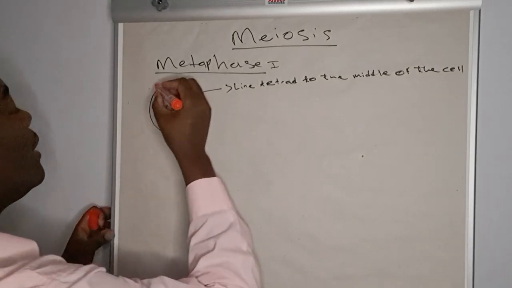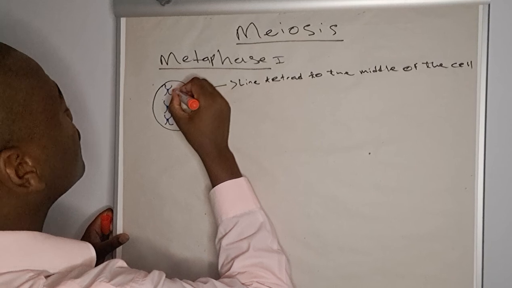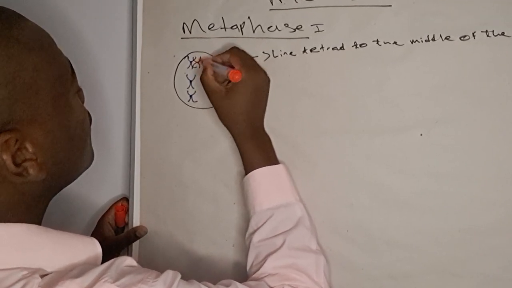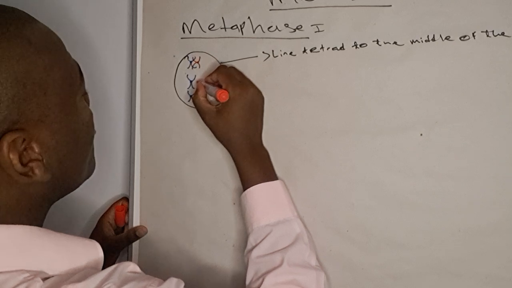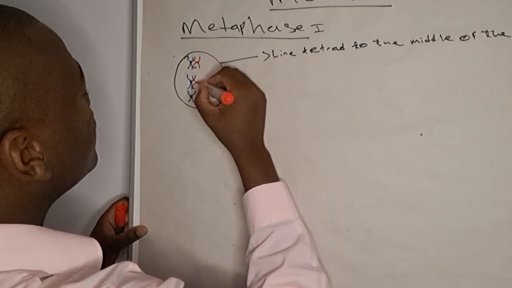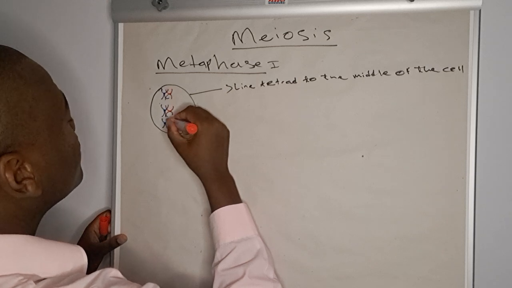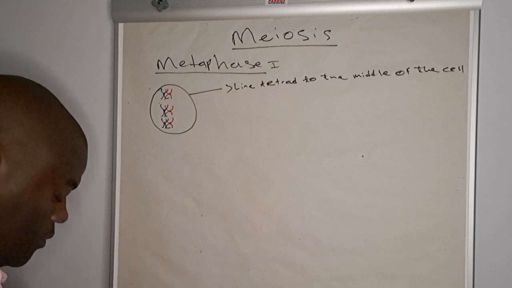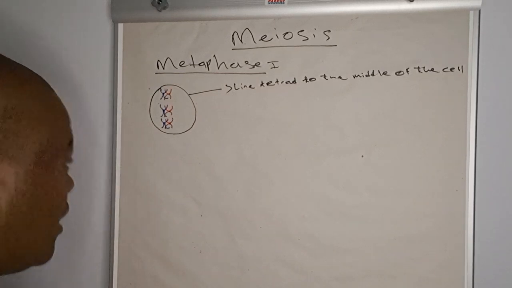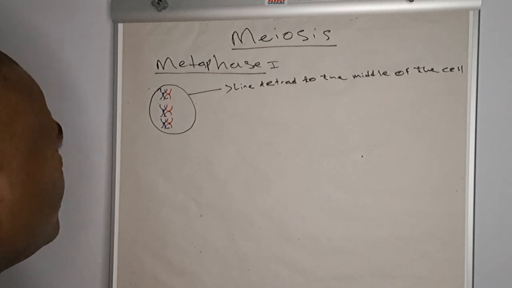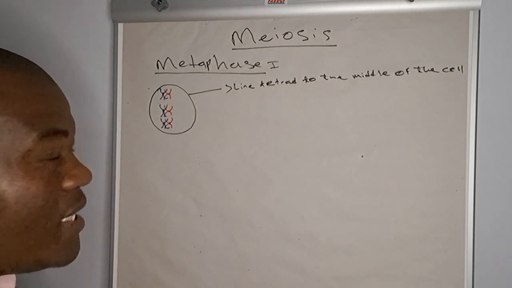This one will be the mother, this one will be the father. They are still doing the process of crossover, but soon we will have to pull them apart. In metaphase, we don't have really a lot of things that are taking place here.